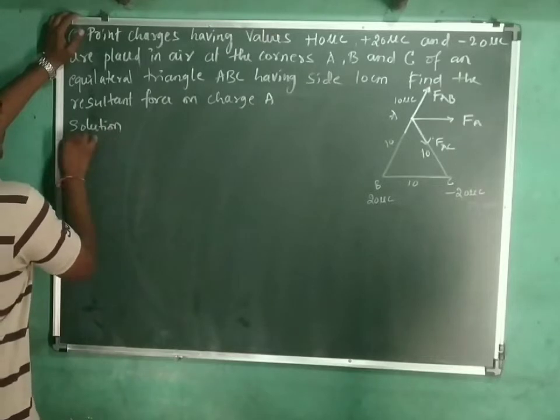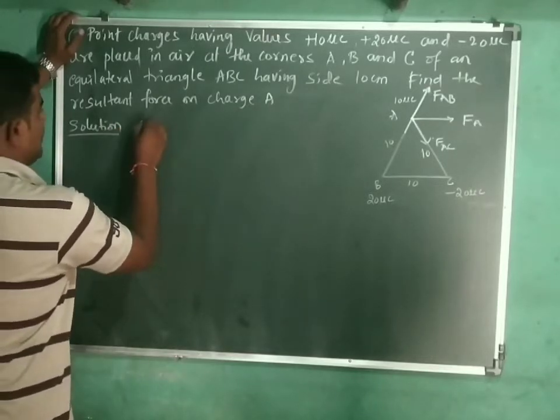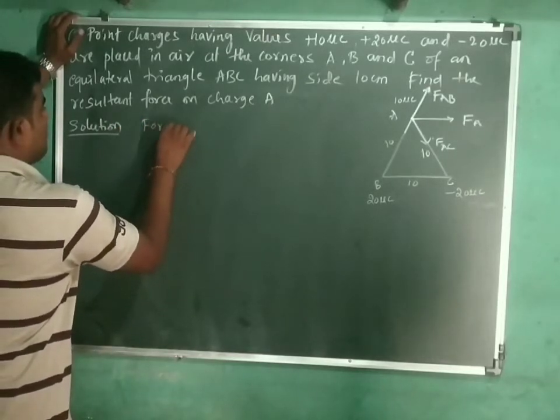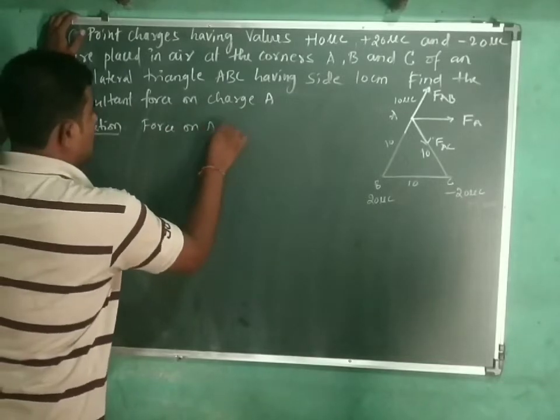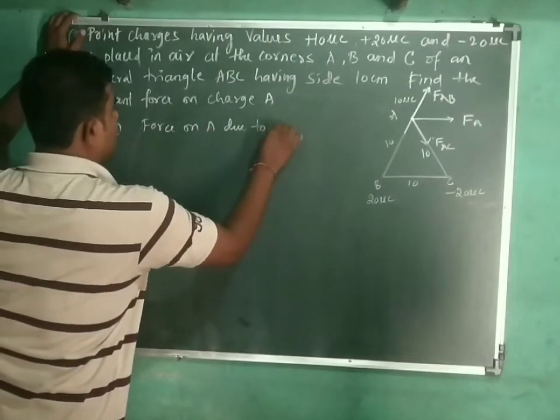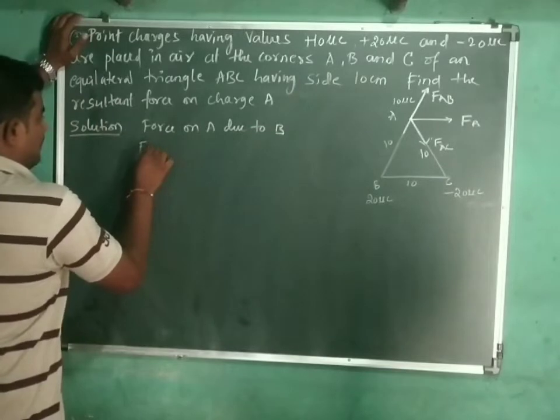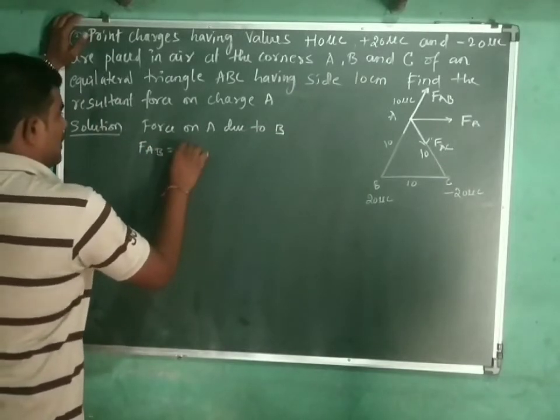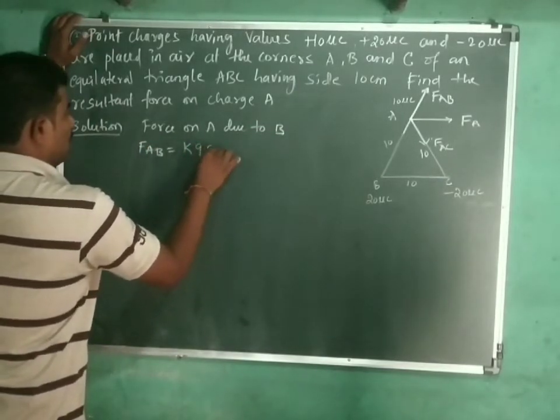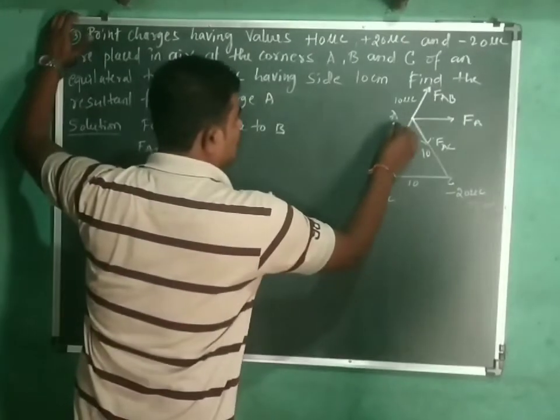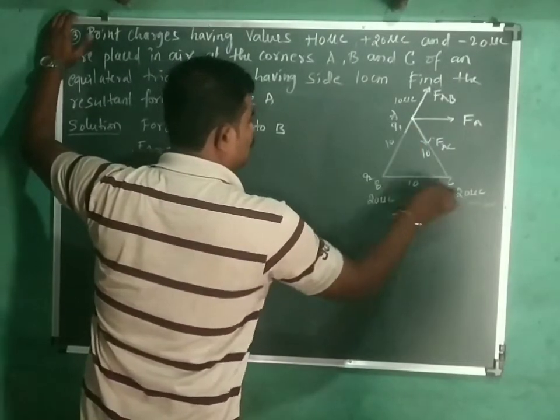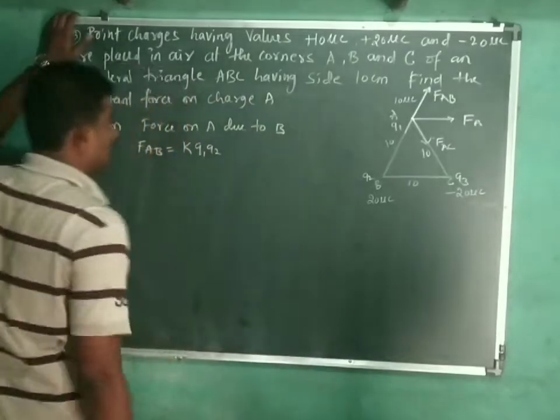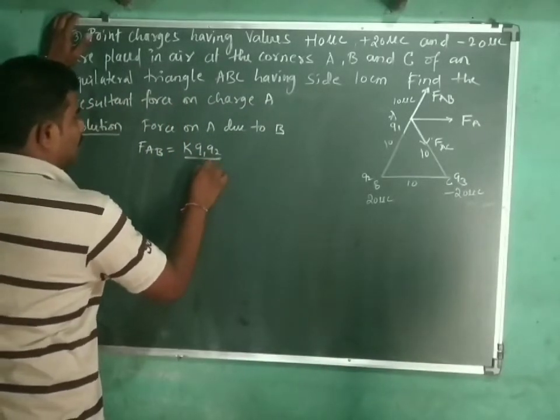Solution. See here, the force on A due to B, that is FAB, is equal to K Q1 Q2 divided by R square. Let us call this Q1, this Q2 and this Q3.